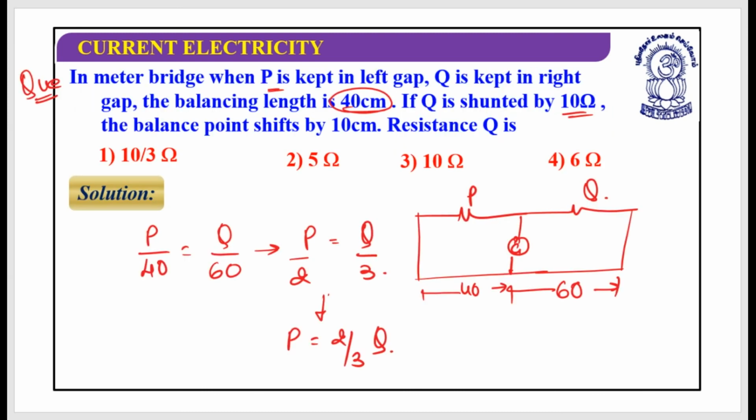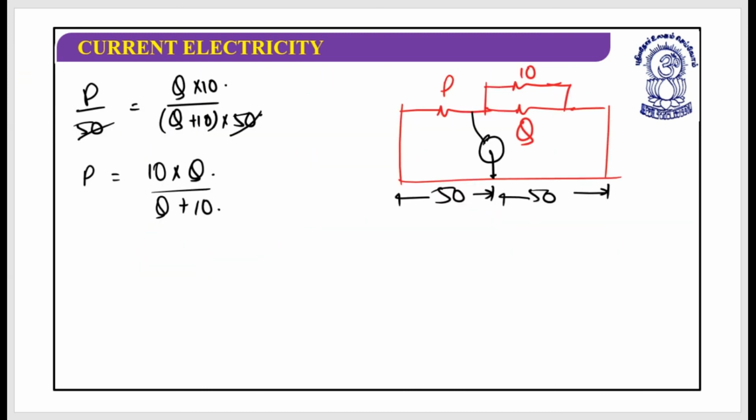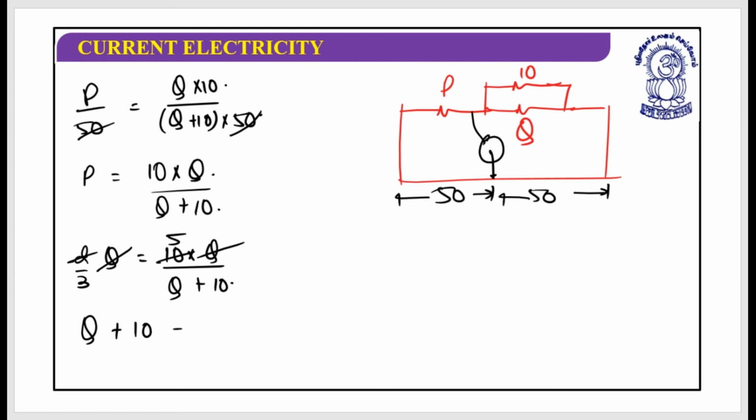Now I have the relation P equals 2 by 3 Q. So I can write 2 by 3 Q equals 10Q divided by Q plus 10. And this Q and this Q have gone. 2 5s are 10. So Q plus 10 should be equal to 5 3s are 15, and Q is equal to 15 minus 10, which is equal to 5.